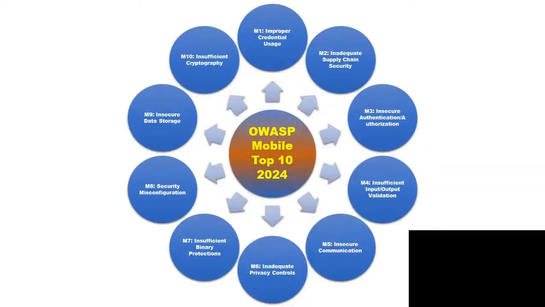You might have done a lot of secure coding in your own code, but if you are not using trusted, secure third-party libraries, you might introduce vulnerabilities into your own application just by using these third-party frameworks.